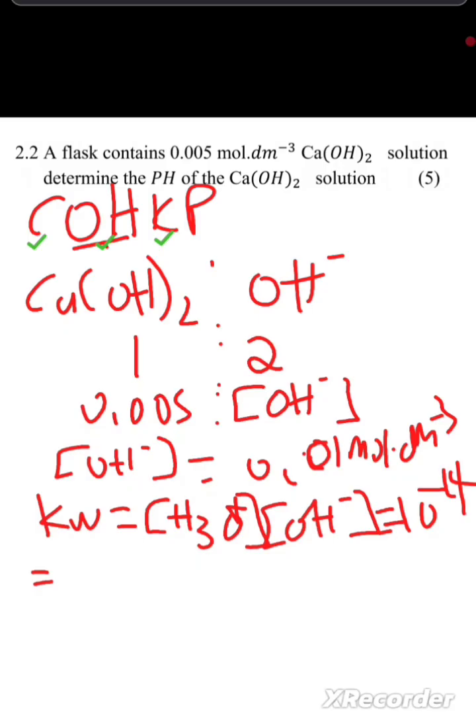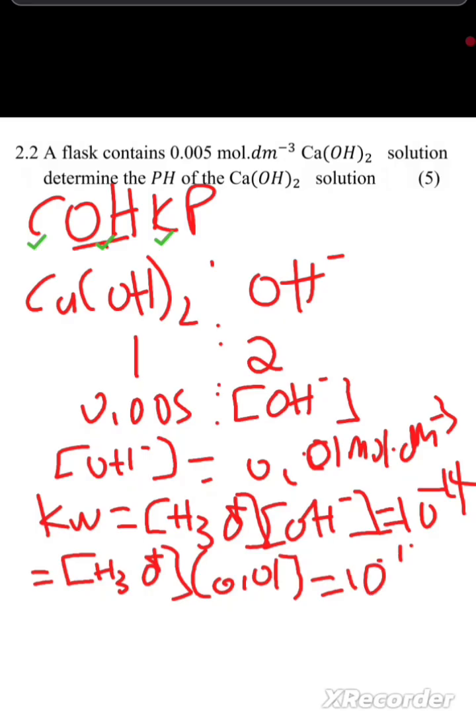The concentration of hydronium ions times 0.01 is equal to 10 to the power negative 14.